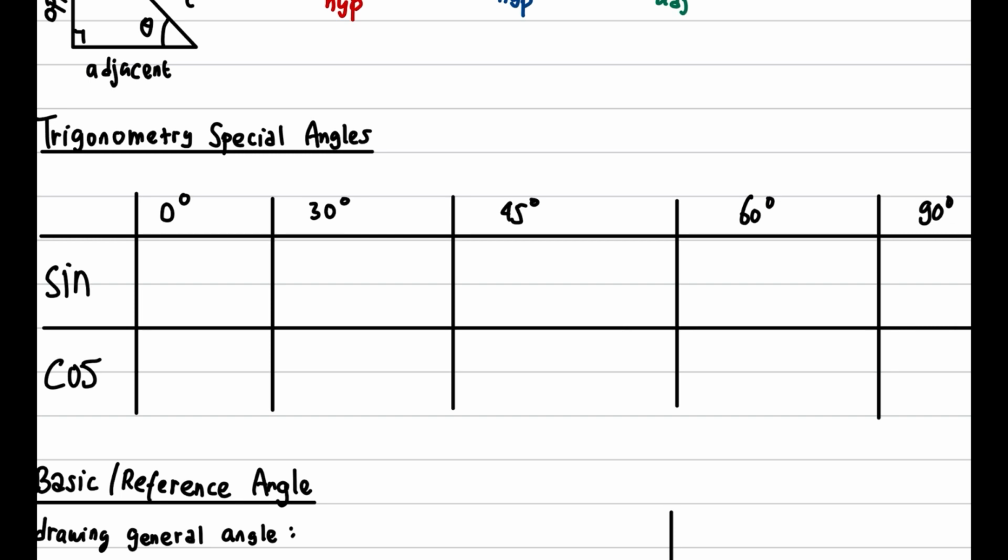This will be useful if you memorize the values of trigonometry special angles. Without even drawing the right angle triangle, you can find the value of sine 30, because 30 is a special angle. You can also calculate the value of cos 60 without drawing the triangle by memorizing the table.